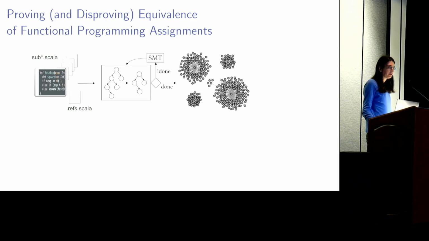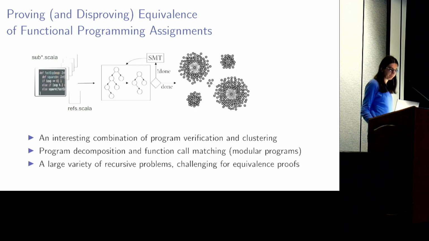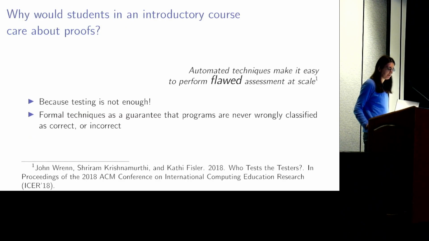And here in between we have this verification component that is responsible for producing this output automatically. So it's really an interesting problem that combines a bit of formal verification, a bit of clustering. We saw those programs consist of many functions, so there's also this problem of decomposition into equivalent helper functions, and then those functions are typically recursive, which is also quite challenging for proofs of equivalence.